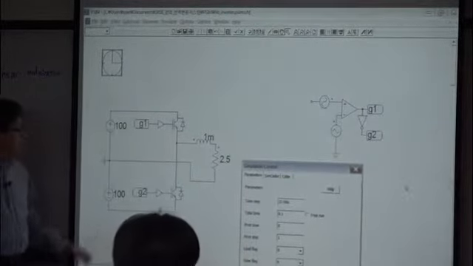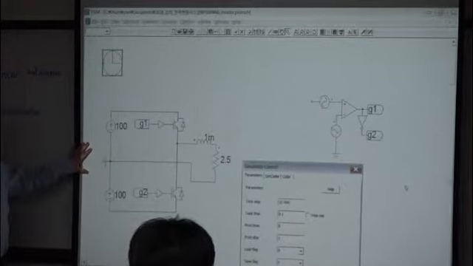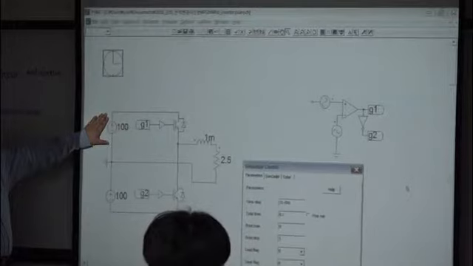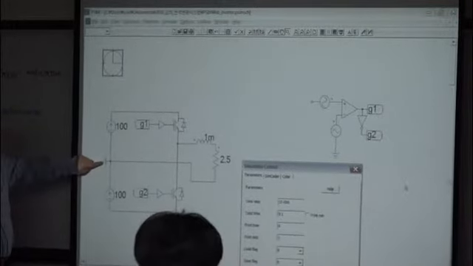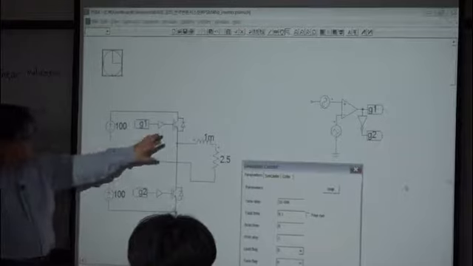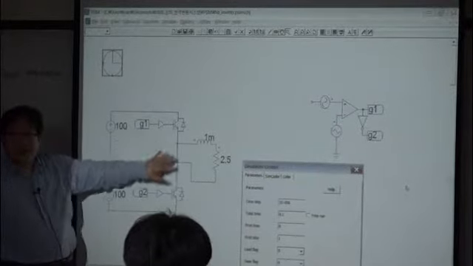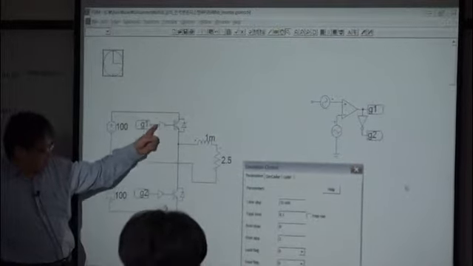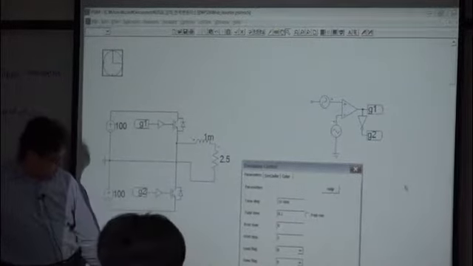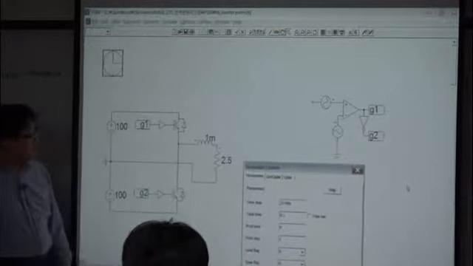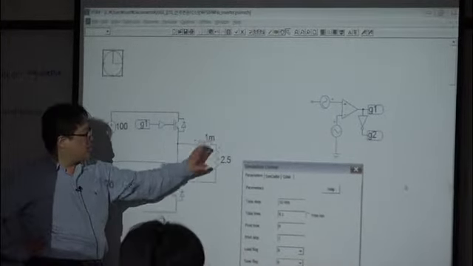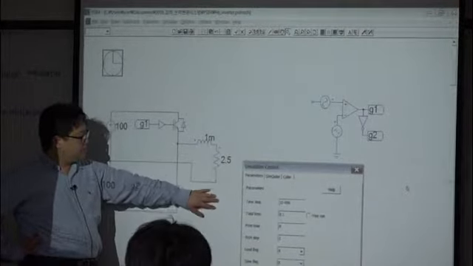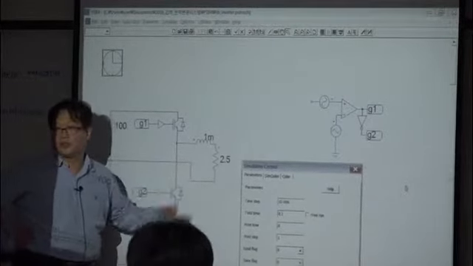And you have a half-bridge inverter like this. Here you have the VDC, 100 volt and also 100 volt, and you have ground here. I just employed IGBT switches. And to drive your switch, you should have the switch controller here. This one is the switch controller. And 1 millihenry of inductor and 2.5 ohms as a load.